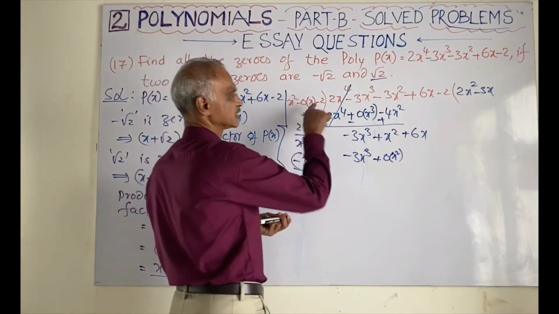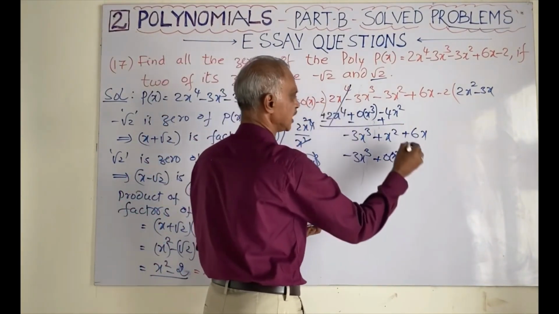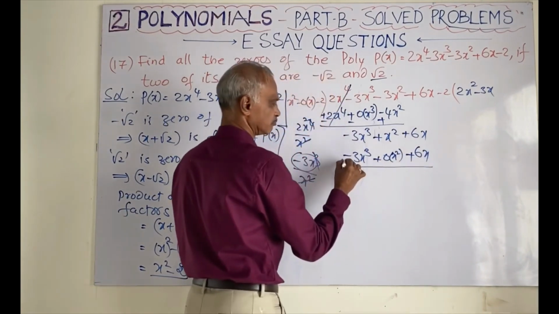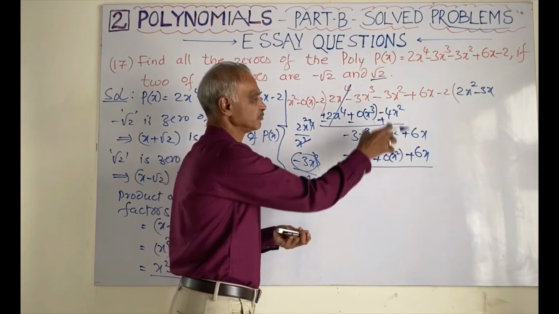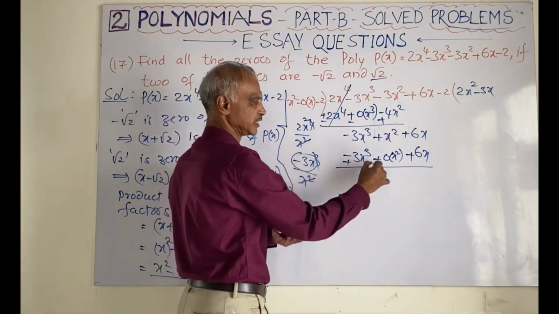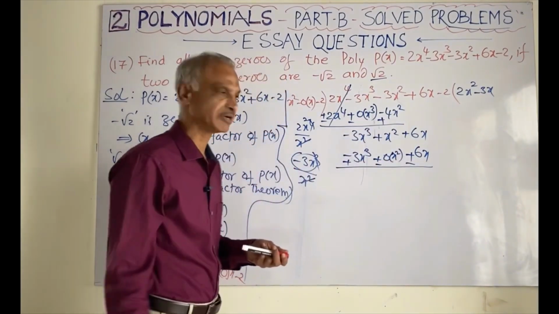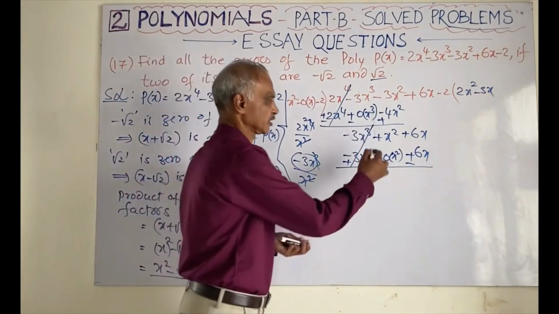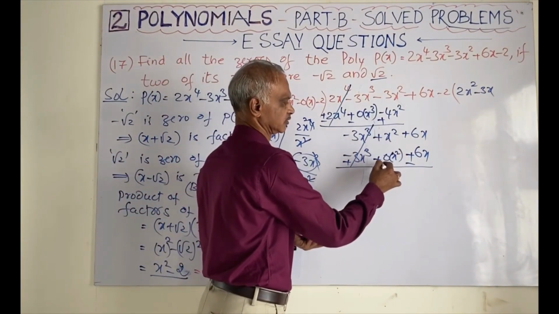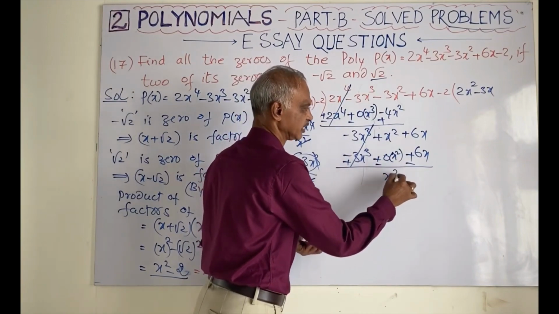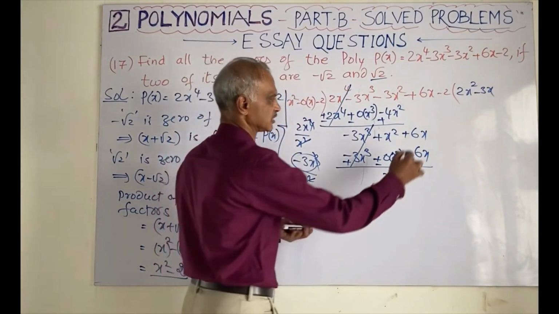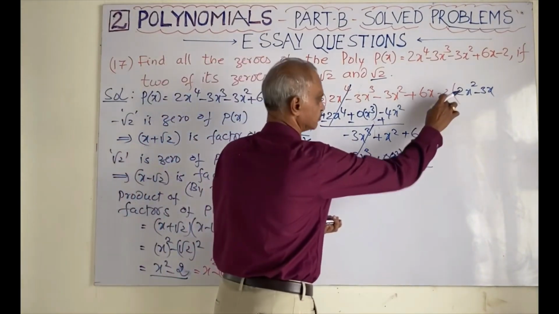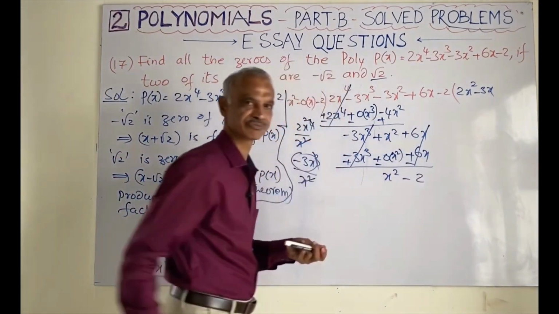Minus into minus, plus 6x. Subtracting this from this, minus becomes plus, plus becomes minus. Plus 3x cube minus 3x cube cancel. Plus x square, 0 means x square, you are getting x. Plus 6x minus 6x cancel. Now take down minus 2.